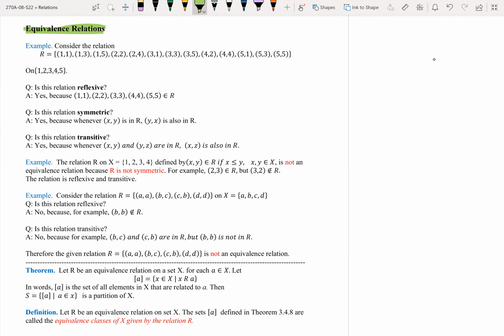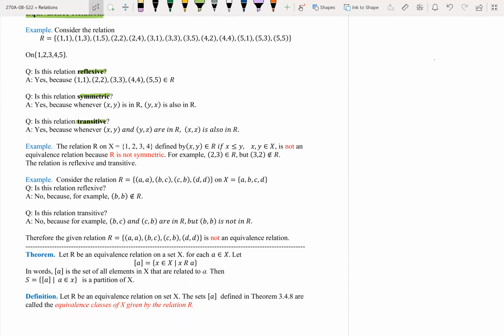So if your relation follows reflexive, symmetric, and transitive, that's called equivalency, okay? So one more time: reflexive, anti-symmetric, transitive is partial order; reflexive, symmetric, and transitive is called equivalency relation, okay? So you just switch the symmetric and anti-symmetric between what we call equivalency and what we call partial order. Make sense?